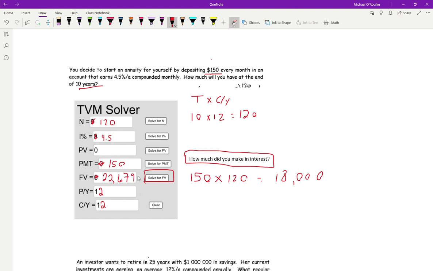So to figure out how much we made, we take 22,679, how much we have, minus how much we put in. And the difference will be $4,679. That is our total. Okay.